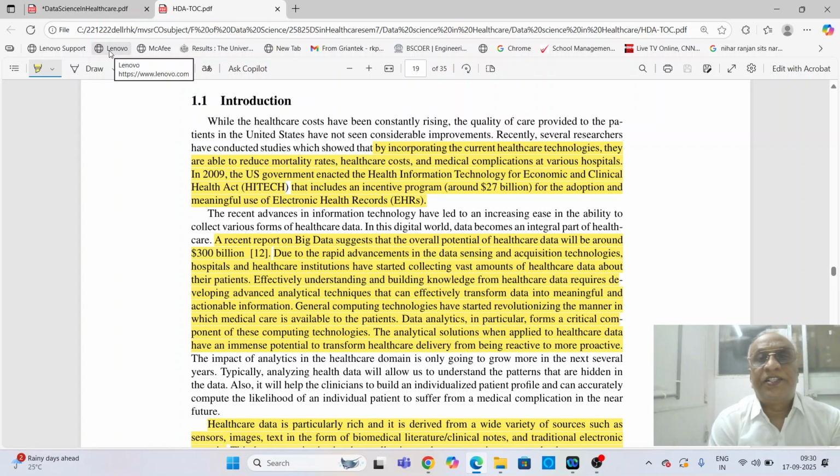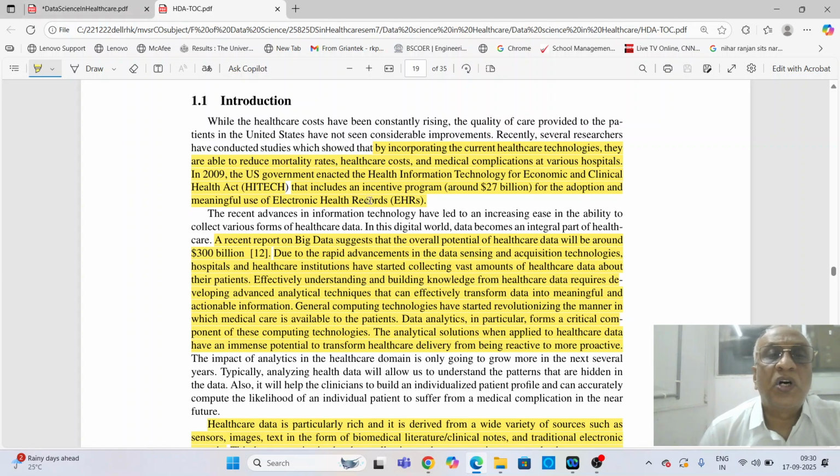What this book says is we can incorporate current healthcare technologies to reduce mortality rates, healthcare costs, and medical complications.